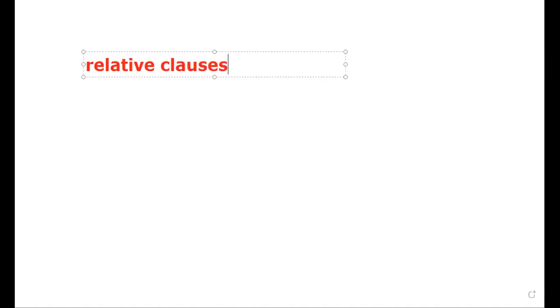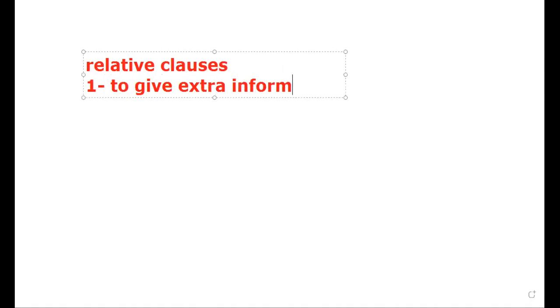We use relative clauses, as I told you, one, to give information. Two, to give extra information that is necessary in a sentence. Three, to explain something, okay? So I'm going to write it here. Relative clauses. Number one, to give extra information.